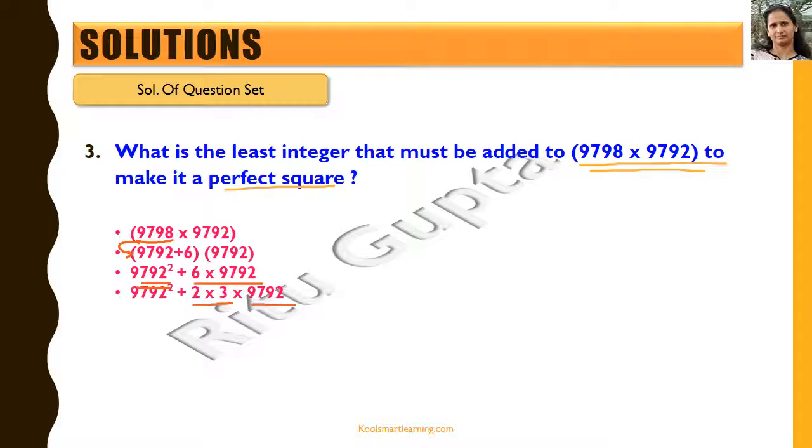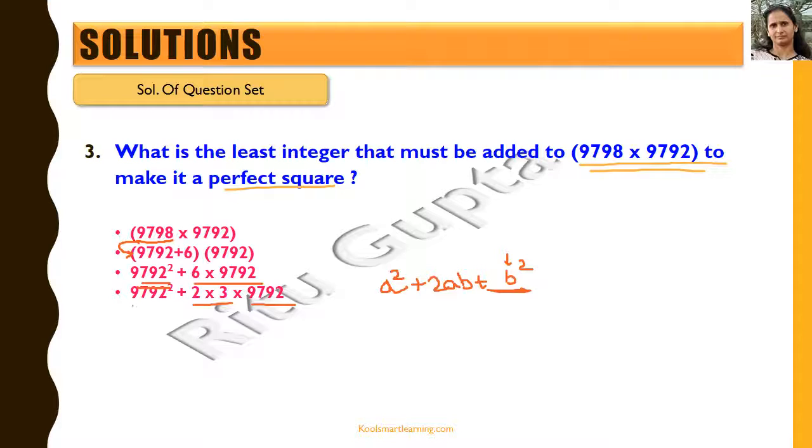Now we have this term a square plus 2ab. For this to be a perfect square, we need to add b square to it, because then it will become a plus b whole square. Now we need to find out what this b is first of all, and then we know what is to be added, which is b square.